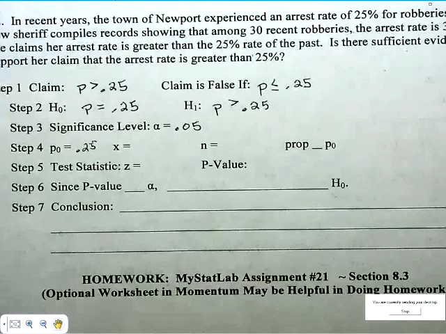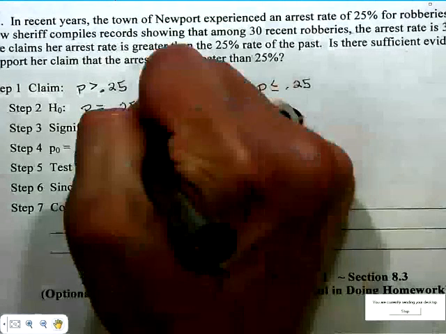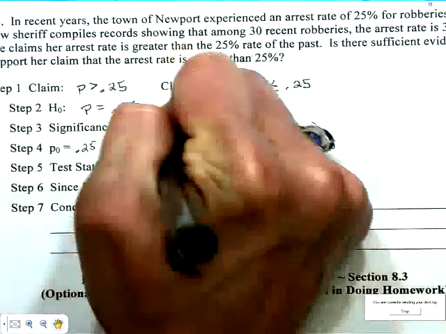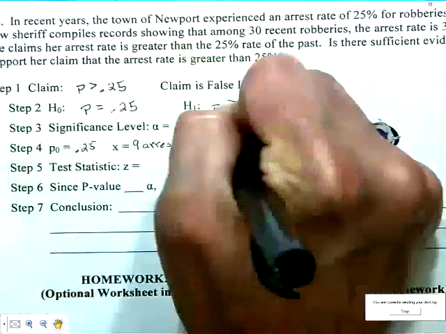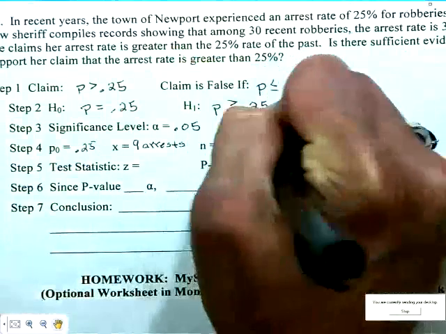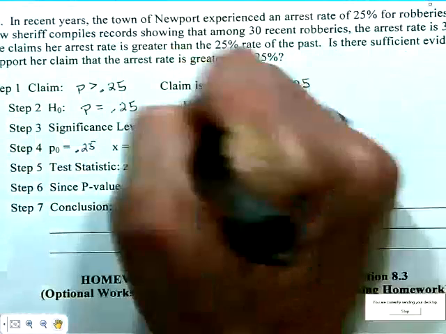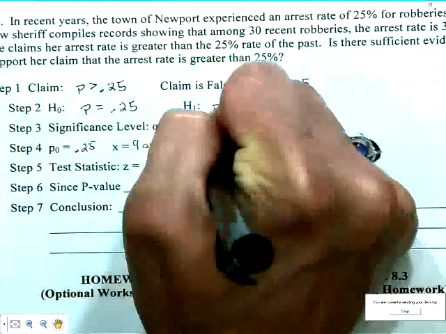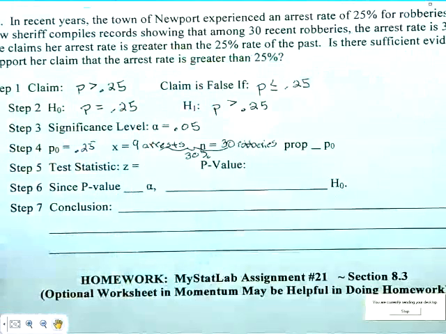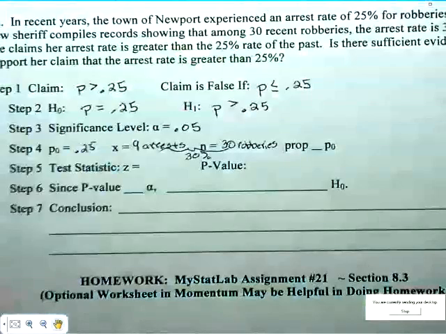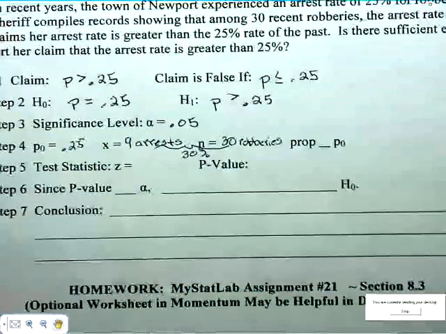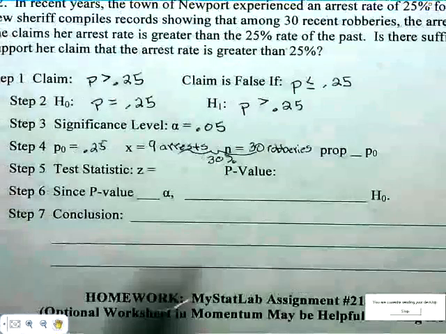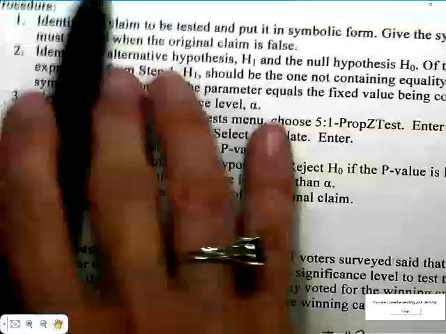There were 9 arrests in 30 robberies. And that is what equals the 30%. How come? Because that's what P sub 0 stands for. It is the proportion stated in the null hypothesis.